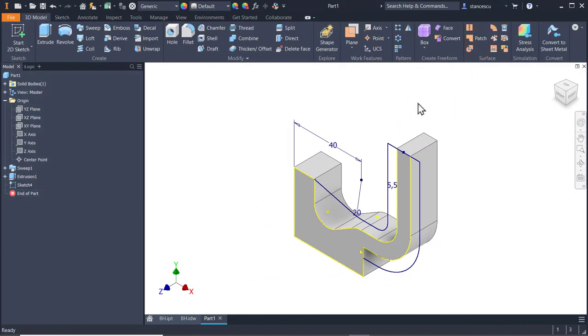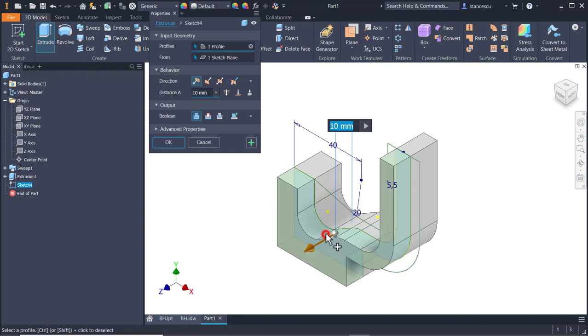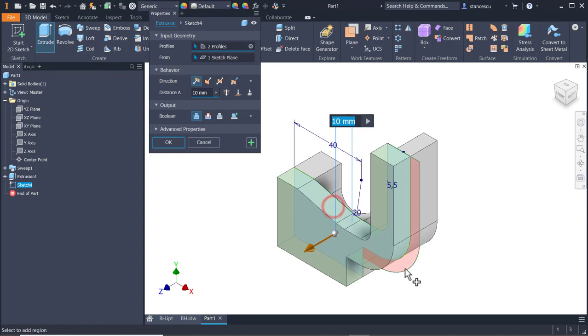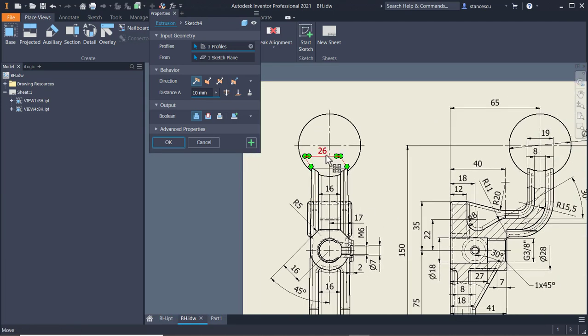Finish sketch. Extrude. What extrude? All this, this, and this. What is the dimension? The dimension is 26 minus 16 divided by 2.